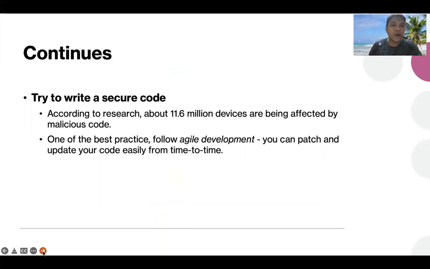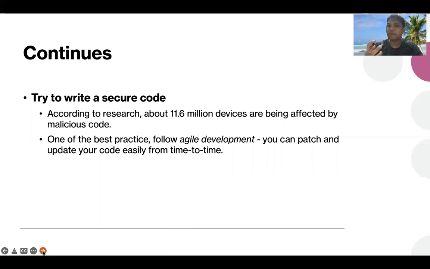According to research, about 11.6 million devices have been affected by malicious code. So this is a lot, 11.6 million devices. The most important thing is that you need to write secure code.